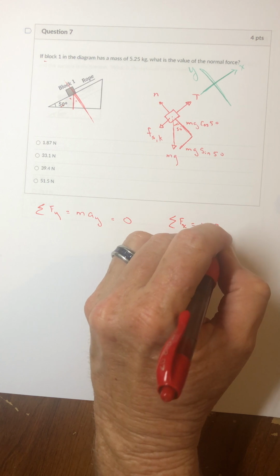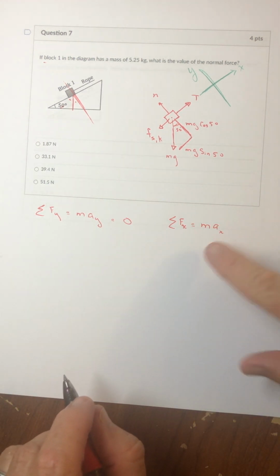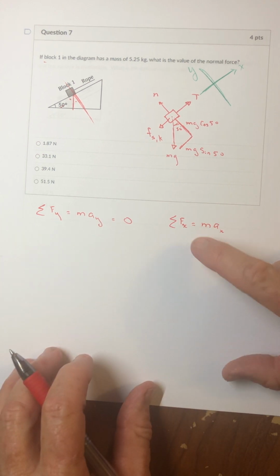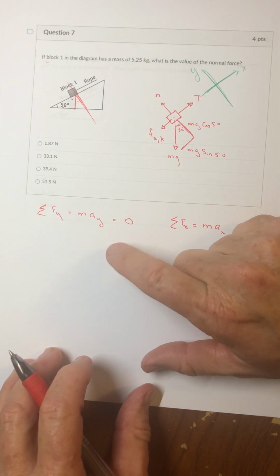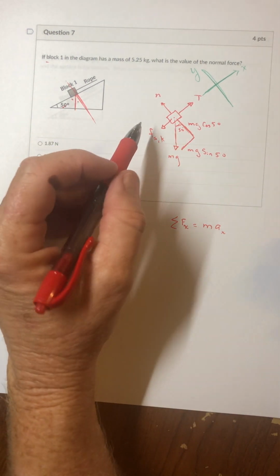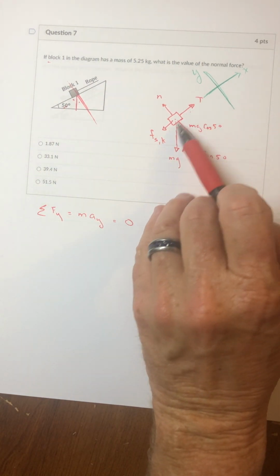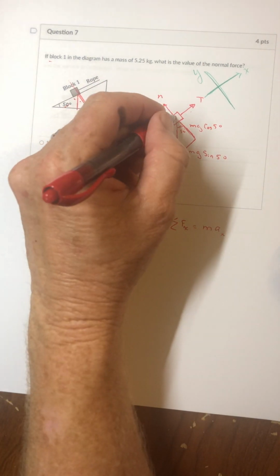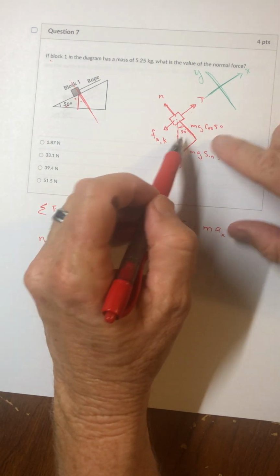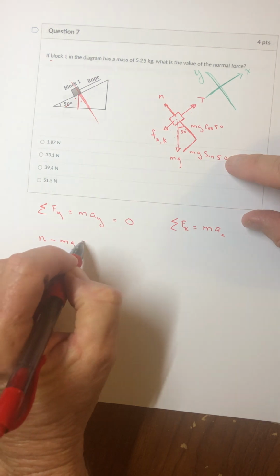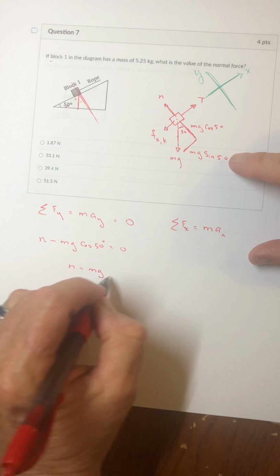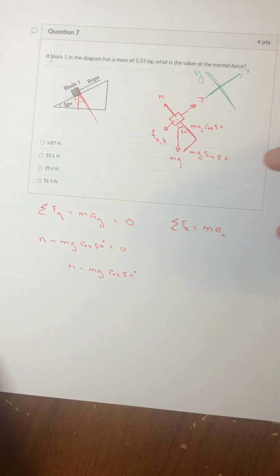We don't really know what that number is, so we couldn't do anything with this equation. But we could with this one. Focusing only on this equation, not paying attention to the x direction, so tension or friction, we just have the normal force pushing upward, and a component of gravity, mg cosine 50, pushing inward, and that has to equal 0. So the normal force would just be mg cosine 50 degrees.